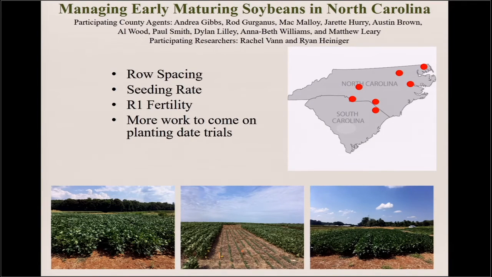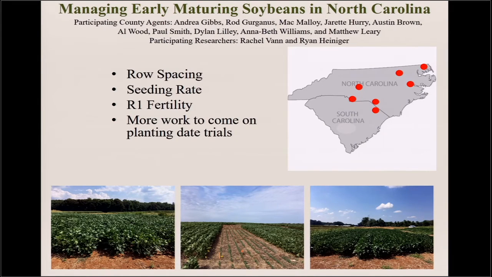So in 2018 we were looking at some really fundamental agronomics of these earlier maturing varieties. What's the optimum row spacing and seeding rate? And through this research, can we identify trends that we've not identified in our previous work in the soybean extension program, which has focused largely on managing determinate soybean varieties?